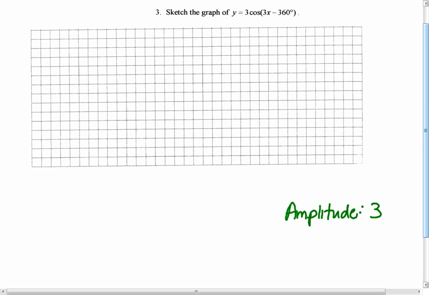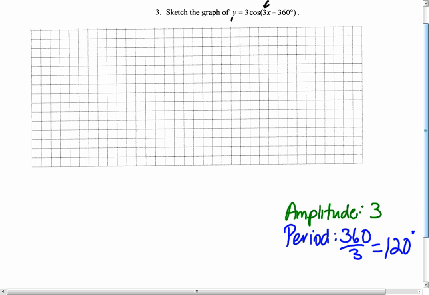The next number that I see affects the period. The number multiplying x is a horizontal change. So my period will be 360 divided by 3, which is 120. Just a little bit trickier: it looks like we have a phase shift to the right of 360, but beware, it is not, because we have a coefficient there.